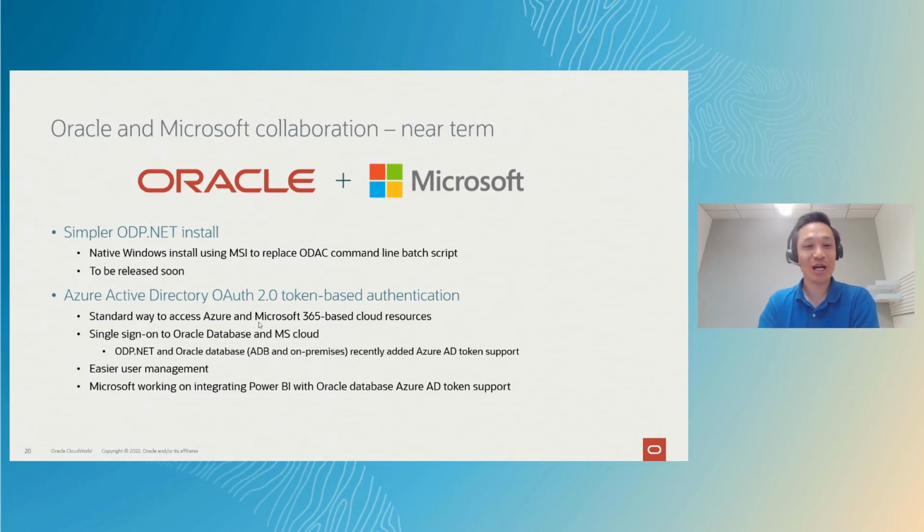And then, of course, you need to download the credentials too, but that should be all you need to do for setting up Power BI connectivity to Oracle on-premise databases as well as autonomous databases.